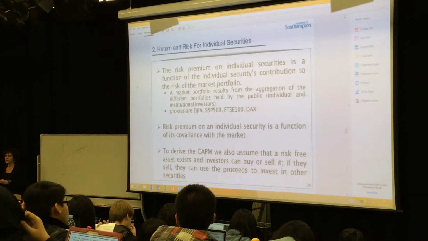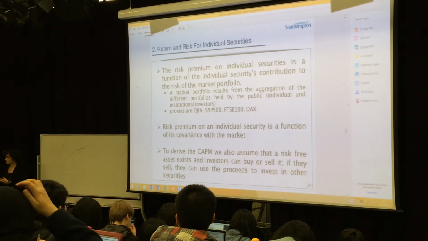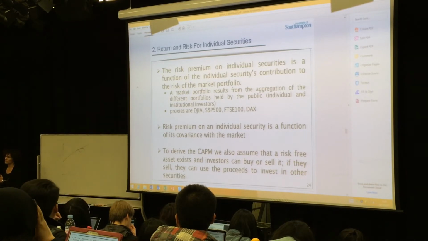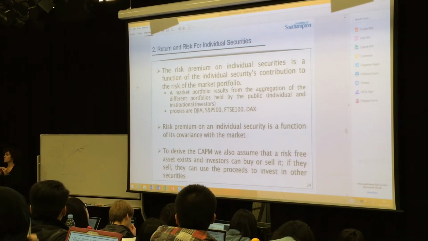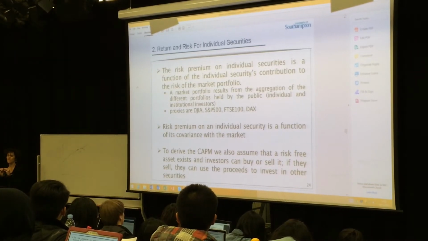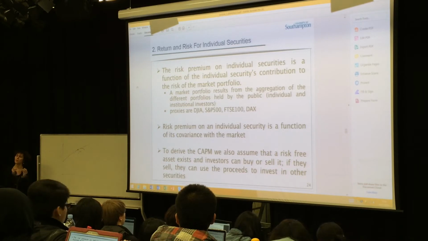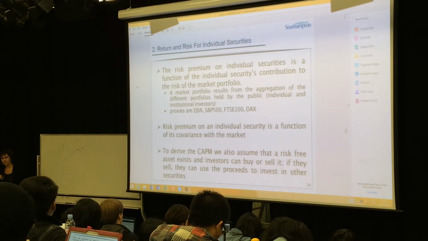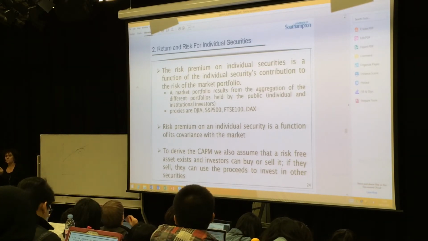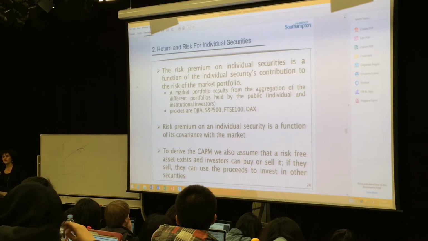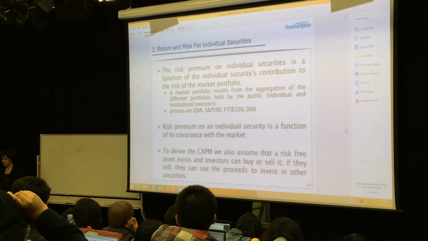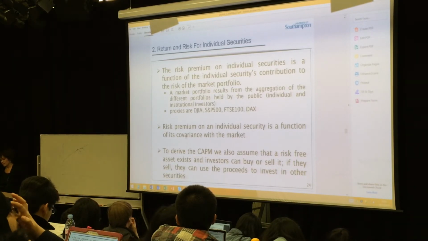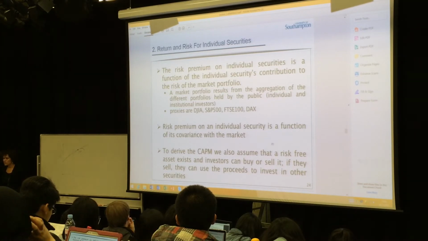When I think about the risk associated with a single security, I measure the risk premium in relationship to the contribution that stock i is making to the market portfolio. Specifically, the risk premium of an individual security is just a function of its covariance with the market.